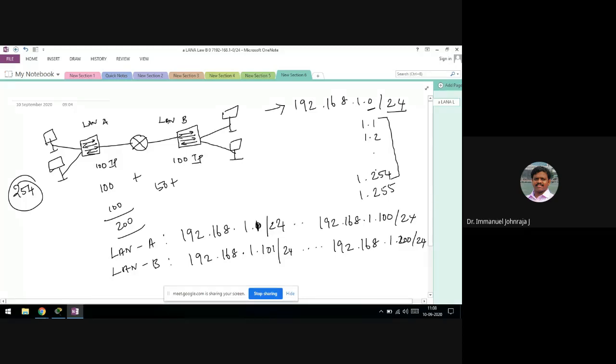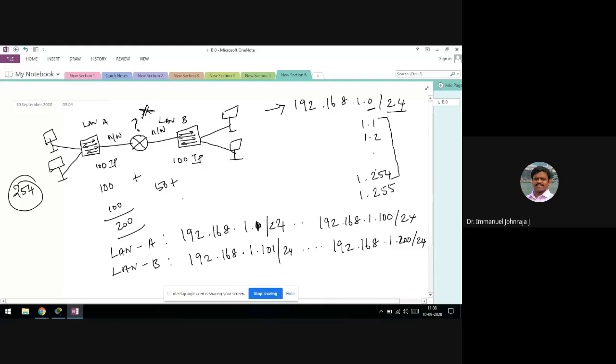However, we know one statement very clearly about the properties of this router. One of the important properties of the router is that it can connect only different network addresses, or different networks, which means the network address here and the network address here should not be the same, right? Now we'll verify whether that condition is met.